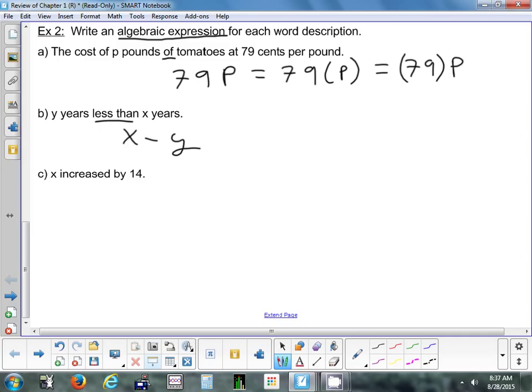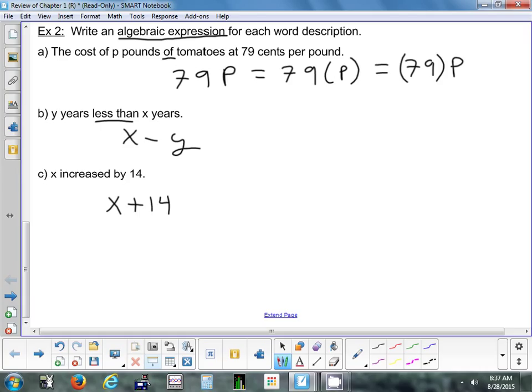X increased by 14. There's a couple ways you could do this one and be right. You're less likely to make a mistake with this one, especially with order. Justin? X plus 14. Yeah. Now, what if he said 14 plus x? Same thing, or is that different? Same thing.